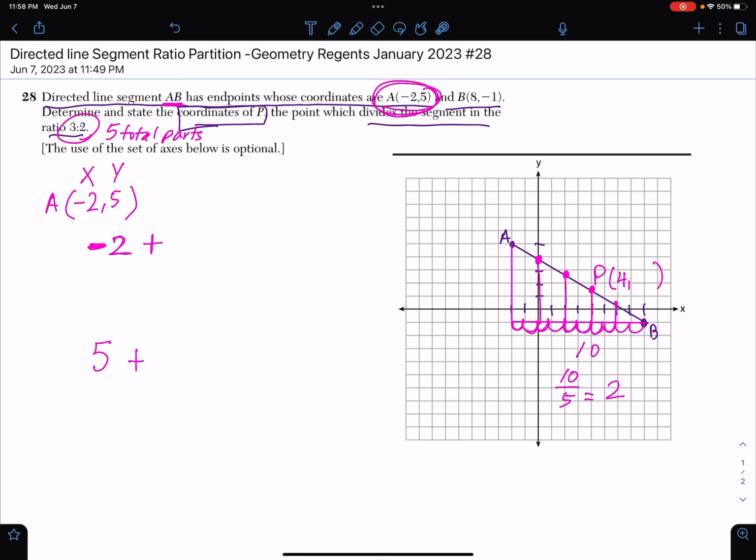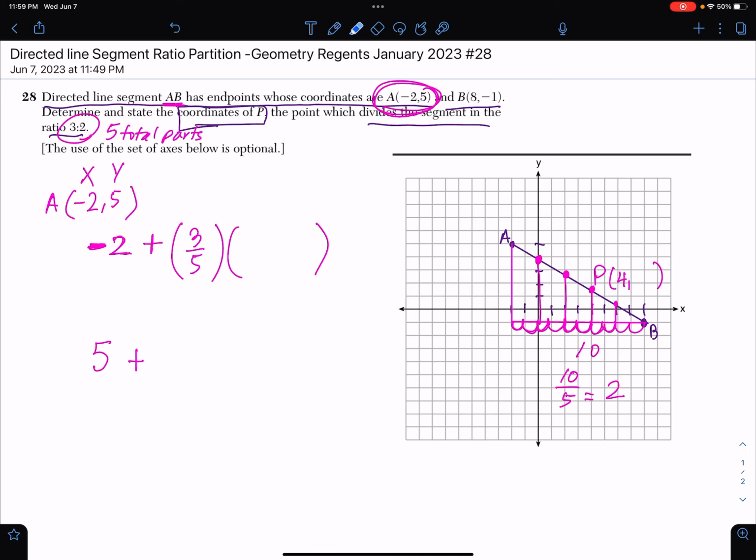So right now I'm looking at the x. I'm going to go past this number, and how much past am I going to go? I'm going to go 3/5 the distance between the x's. What does that mean? To go from A to this point P, we got 3, and 3 plus 2 is 5, so that's 3/5 the distance between the x's.